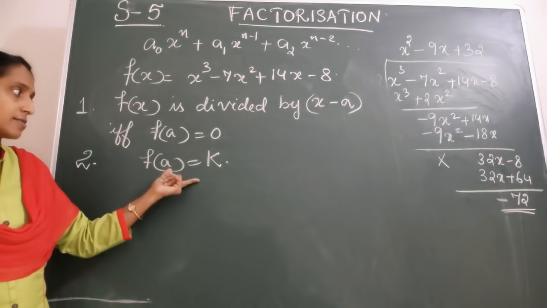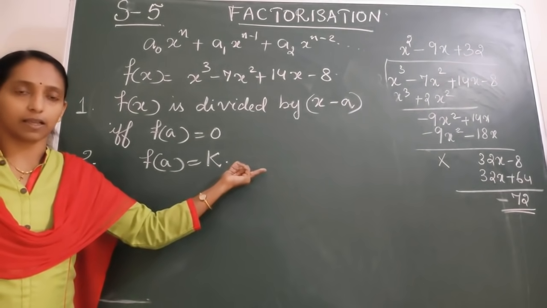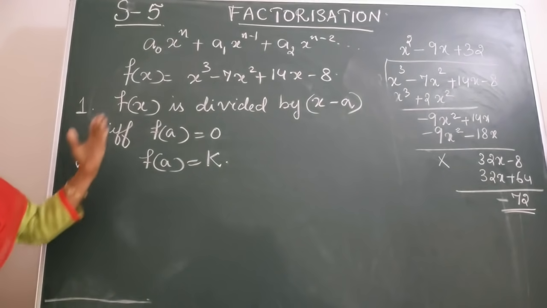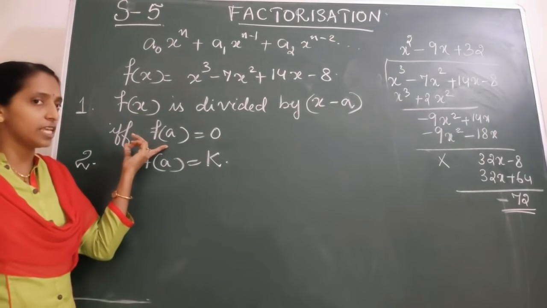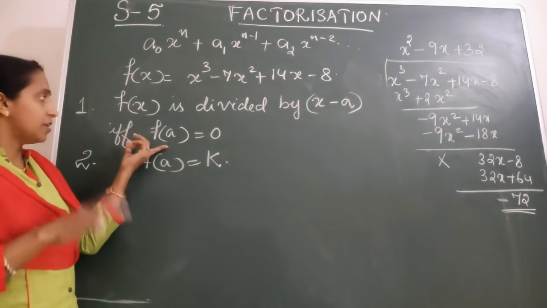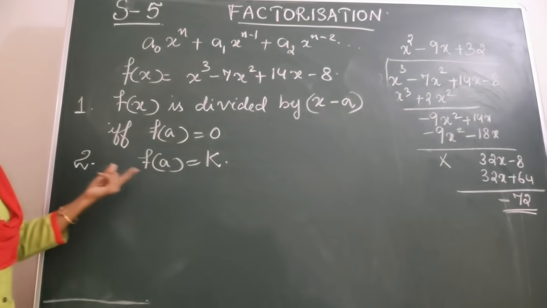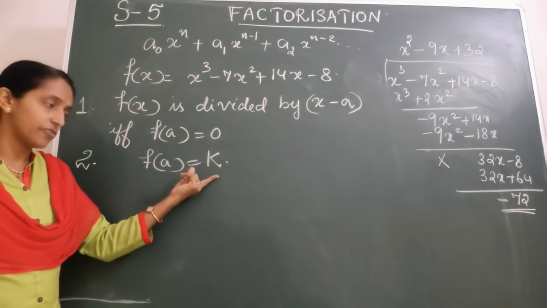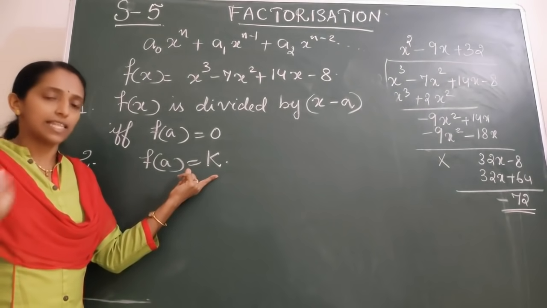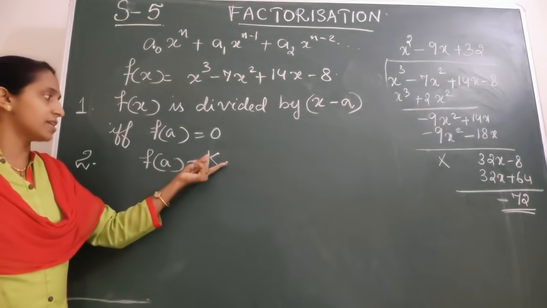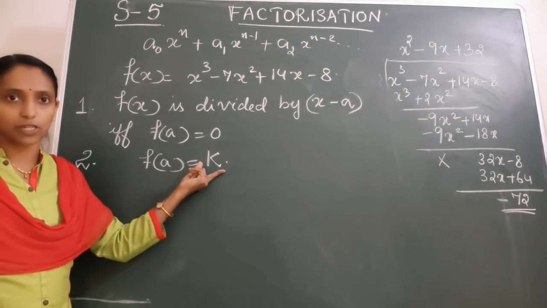F of x divided by x minus alpha, instead of a they have mentioned x minus alpha, if and only if it is a factor, if and only if f of a equal to 0. If it is not a factor, it will leave a remainder, and that remainder f of a will be equal to k.